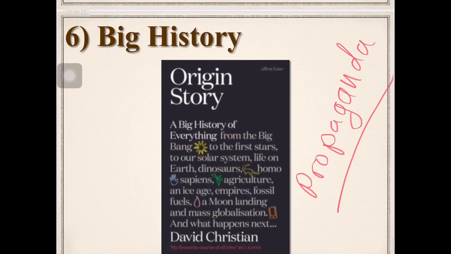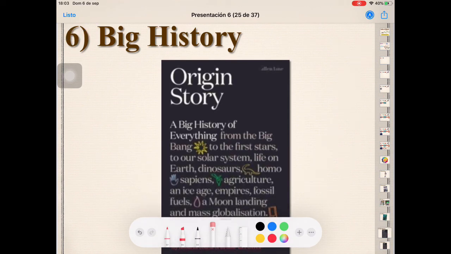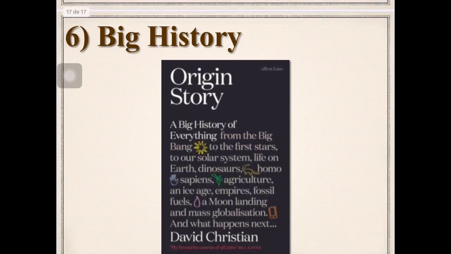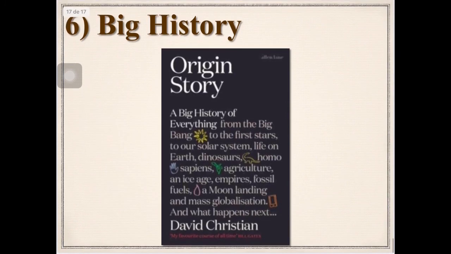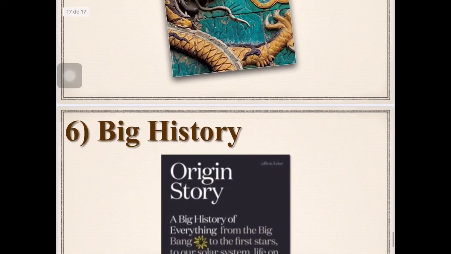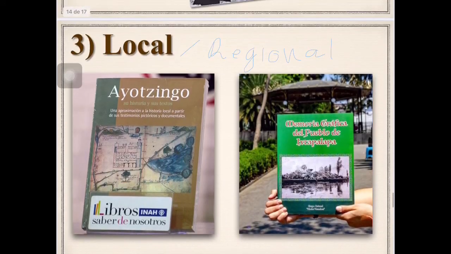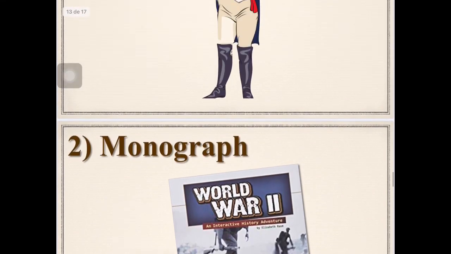And what do you have to do? Of course, you should copy all these definitions in your notebook, but you should present me a foldable with all these scales of history and their definition. Okay, boys? So they are 6 scales. Yeah, 6 scales. So you will require a foldable that allows you to include 6 elements.